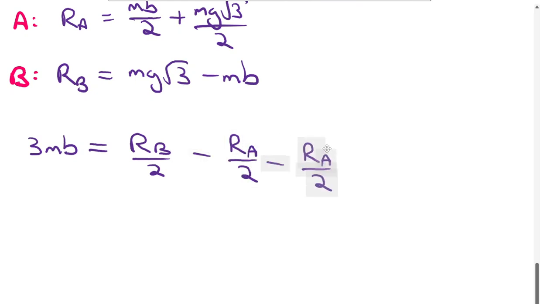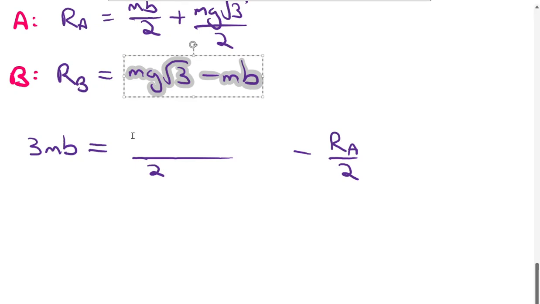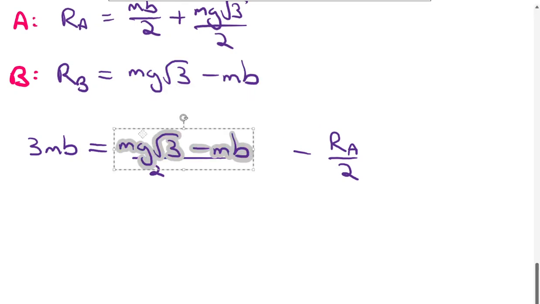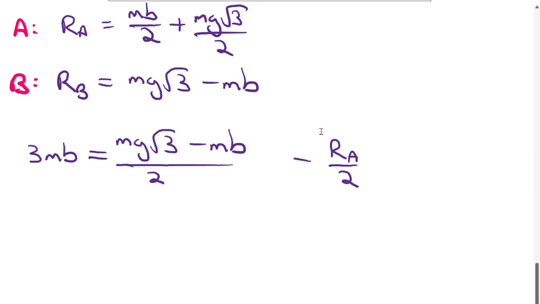Well, I do have the answer in front of me, so if I don't get the answer, I will know I've made a mistake and this video will get longer. So what we're going to do is we're going to replace that RB with this MG root 3 minus MB. And I can do that because I have copy and paste. You have to write it out like an ape. And then we have this RA. I'm going to get rid of the RA.